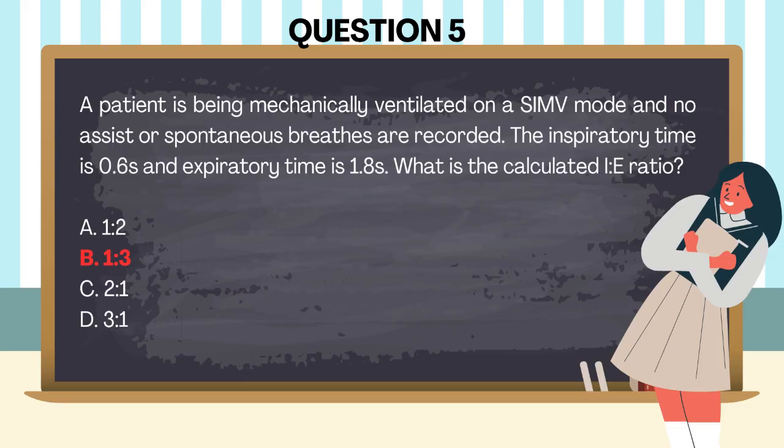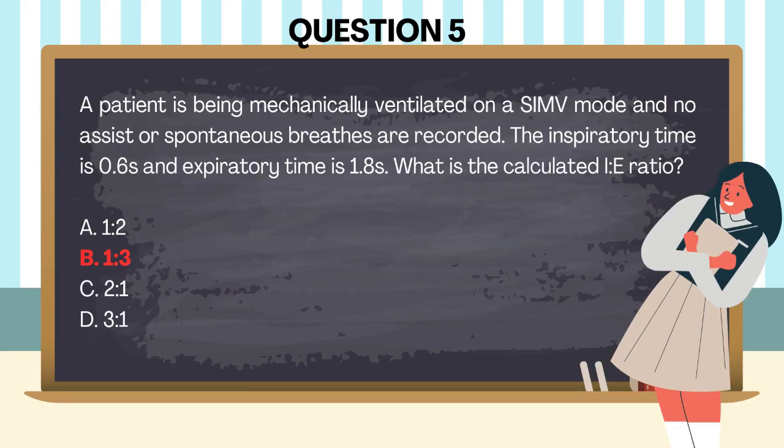Question 5. A patient is being mechanically ventilated on an SIMV mode and no assist or spontaneous breaths are recorded. The inspiratory time is 0.6 seconds and expiratory time is 1.8 seconds. What is the calculated I:E ratio? The correct answer is letter B, 1:3. How?